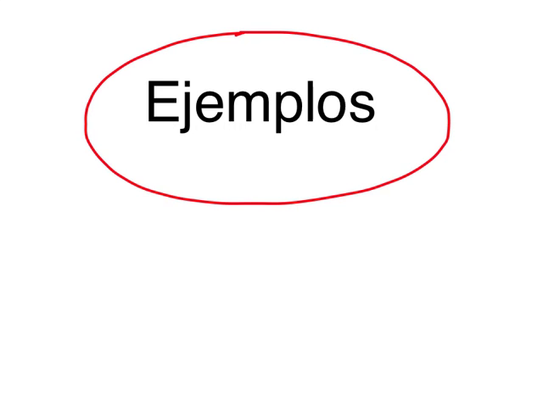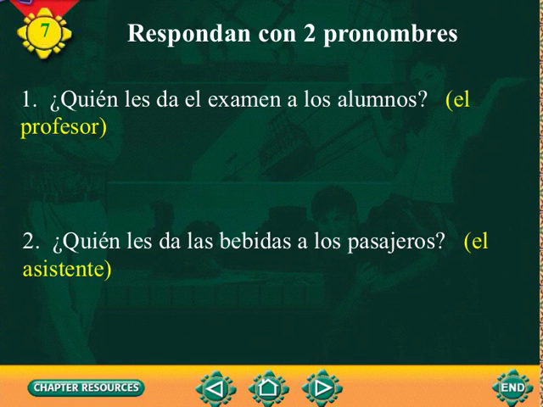Now let's take a look at more ejemplos, clase, using more questions. So let's take a look at number 1. ¿Quién les da el examen a los alumnos? So before we do this, let's take a look. Les is referring to los alumnos. In other words, los alumnos are the indirect object noun. Its pronoun is les.